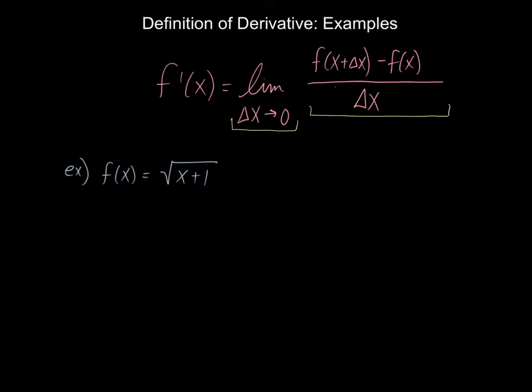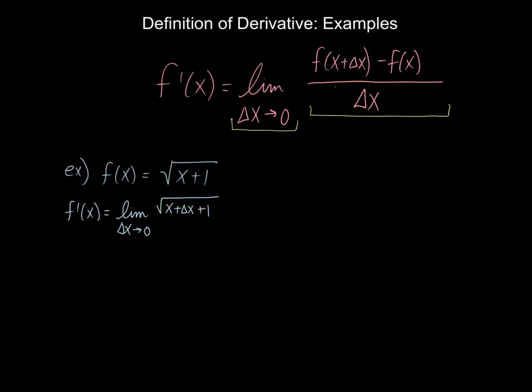So if the function's called f, we're going to call the derivative f prime, and it's going to be a limit as delta x goes to 0 of the function evaluated at x plus delta x. That's just replacing x with x plus delta x in the function. So there it is. The function's just a simple square root.